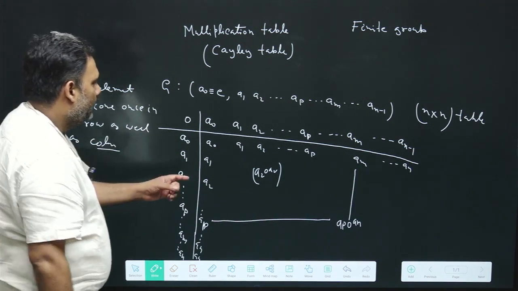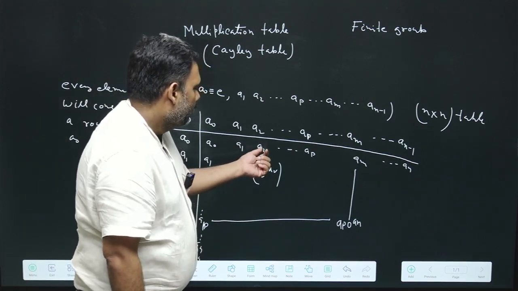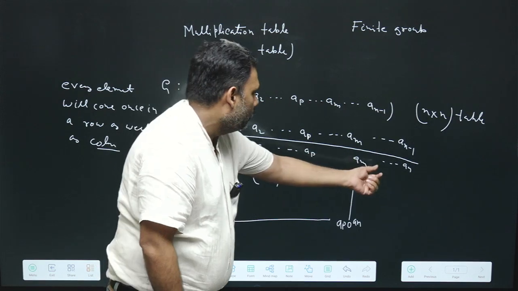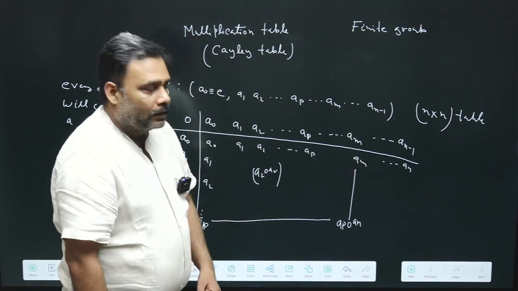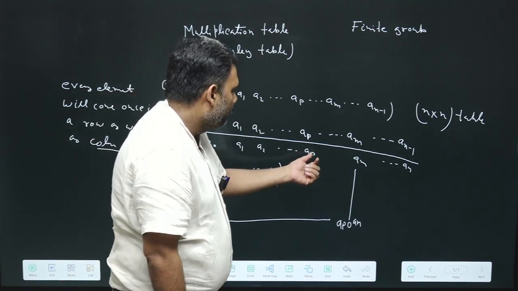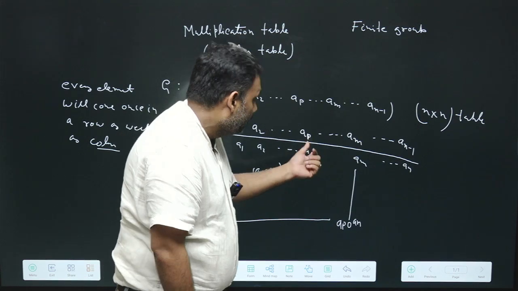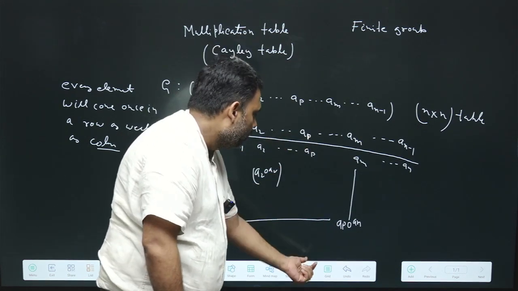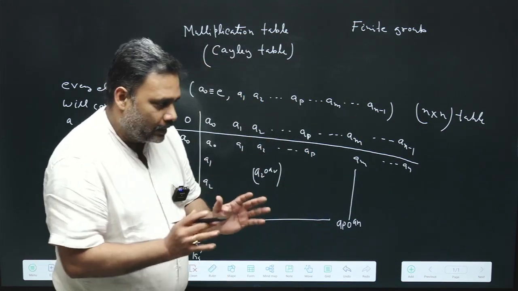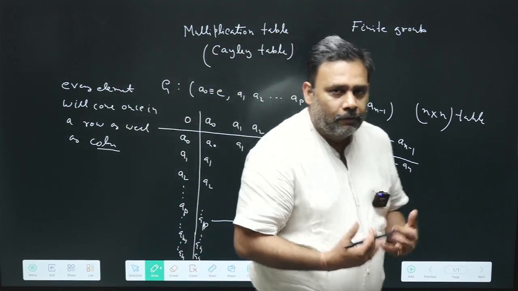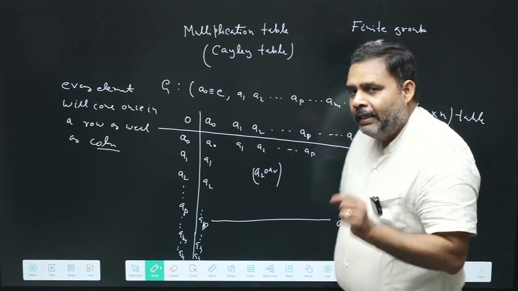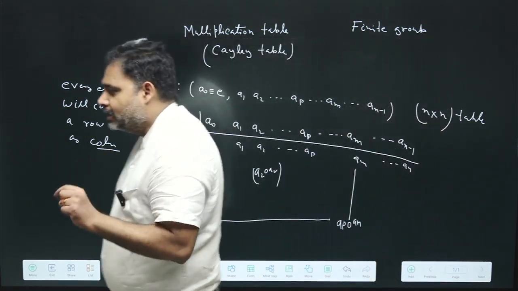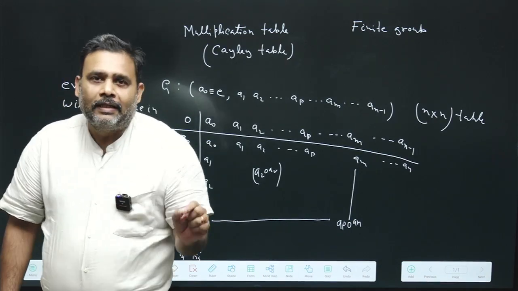That means if a2 comes here, then a2 will never come again in this particular row or in this particular column. Suppose ap is here, then ap will never come in this row other than this one, nor in this column. We will do one example to see this. And in each and every row, there must be an inverse as well as an identity element.